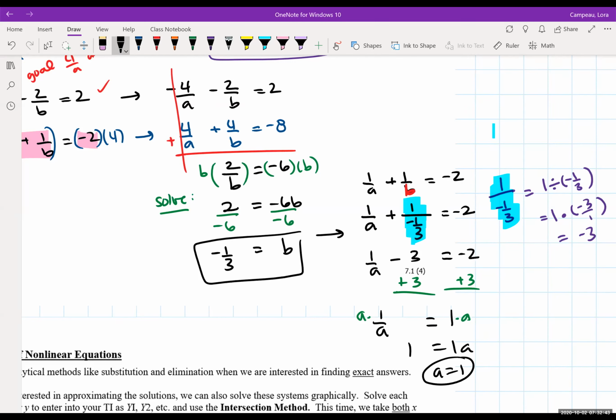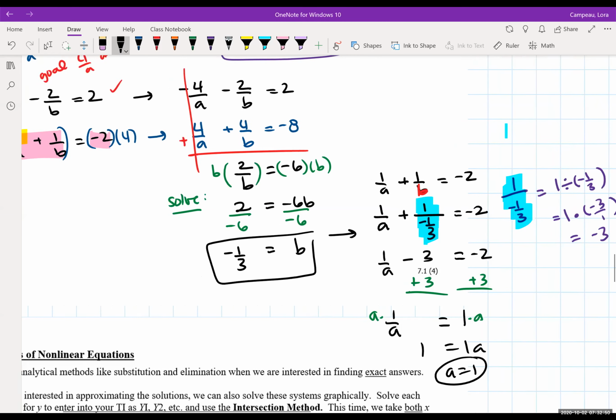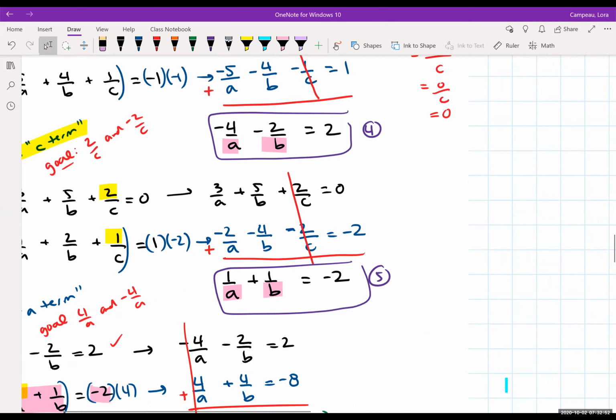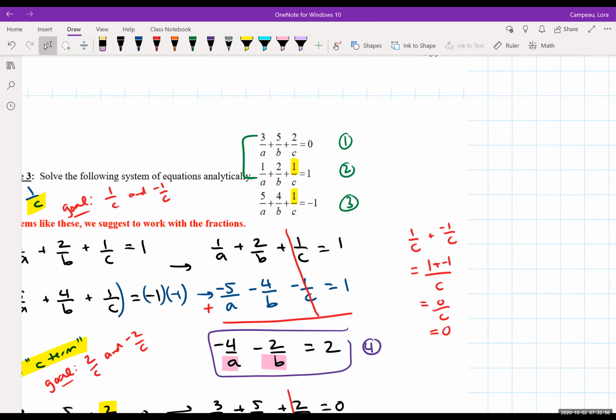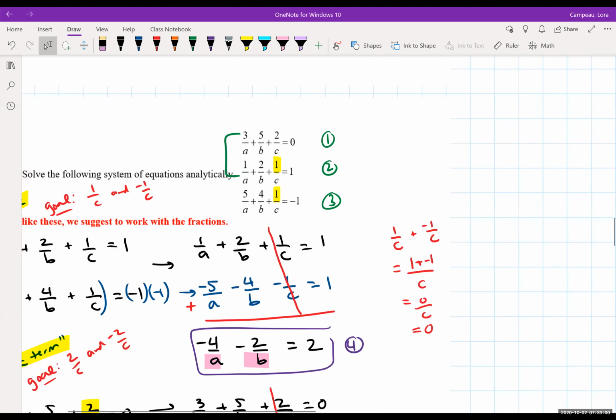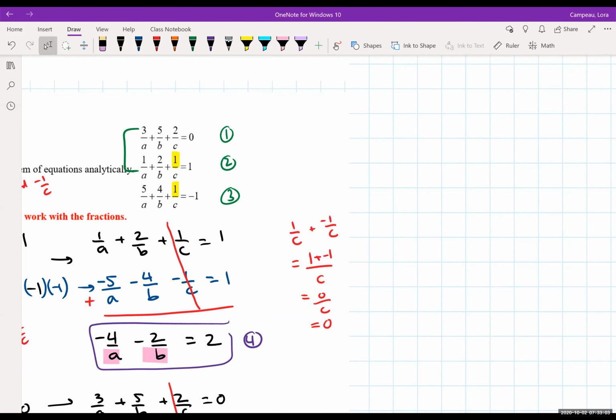So I have a and b, and guess what we're going to do? Plug that a and b into one of the original equations and get your C. Which one is the nicest one to pick? I really don't have an answer for that.